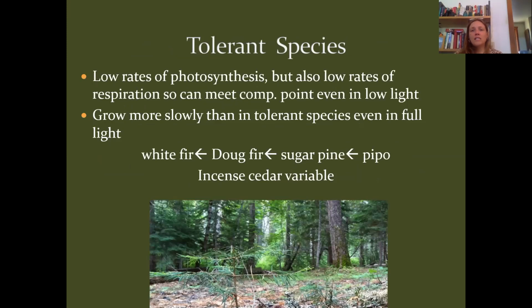Okay, so these tolerant species, which are kind of more in the Honda Civic model approach, have a not very spectacular ability to photosynthesize. Generally, they photosynthesize at a lower rate, but they also have a lower background respiration rate. And so it's easier for them to meet their compensation point even when the conditions in the understory don't allow a lot of light in.